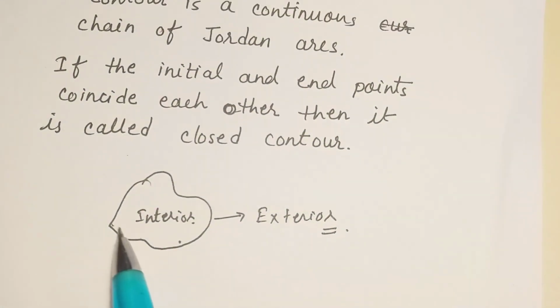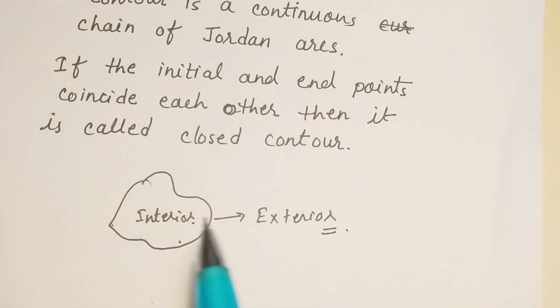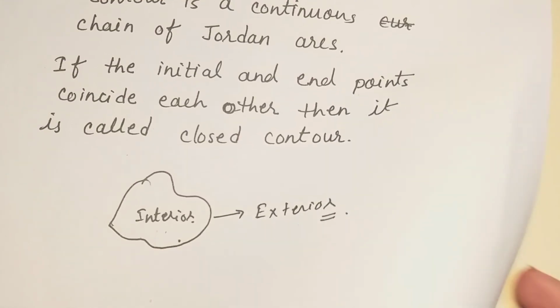If we take this closed contour like this, any closed contour divides the complex plane into two parts. One is the exterior part, which is unbounded, and the second is the interior part, which is bounded. Okay, so it is a contour.